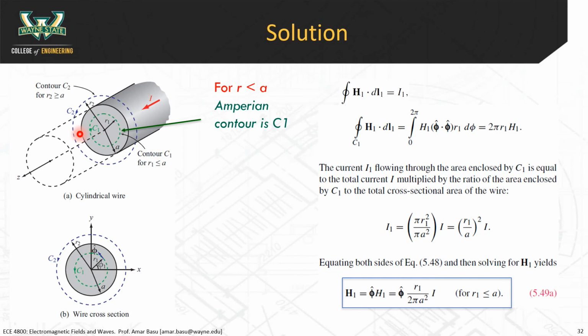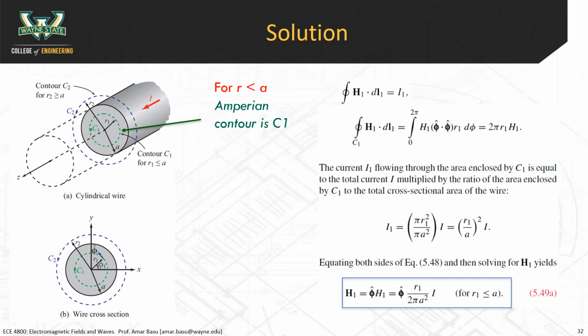Some of the current, not all of it, is enclosed by the contour, and you'll see why that's important in a second. The second criterion is that the magnetic field should be uniform everywhere along this contour, because that makes our integral very simple. So we're going to draw an Amperian contour on the inside of the wire like this, and then follow Ampere's law here.